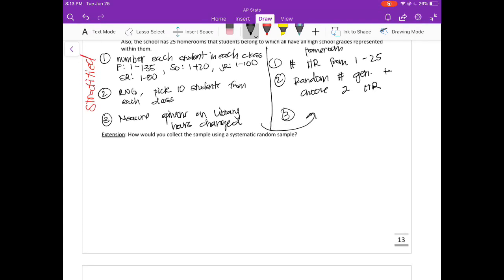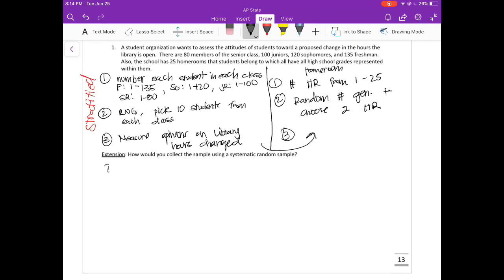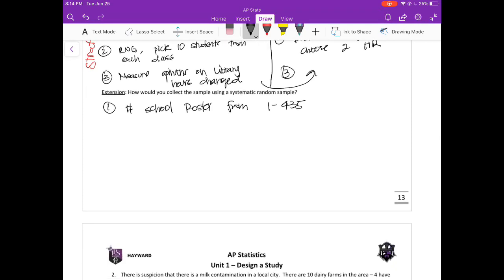The extension question to this problem is, how would you choose the sample using a systematic random sampling? Okay. So remember that a systematic random sampling is you're choosing every whatever, like every 5th person, every 10th person. So here, if you add all of these numbers together, the total amount of students is 435. So you're going to number the school roster from 1 to 435.